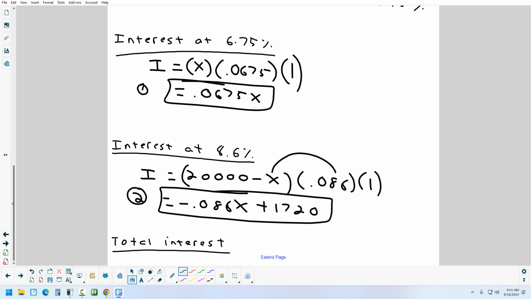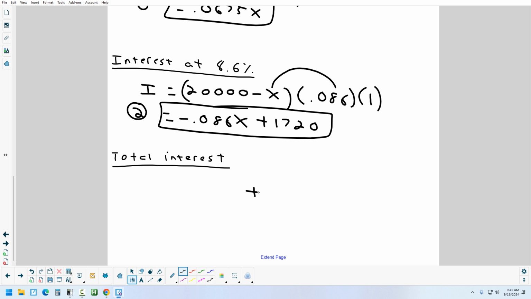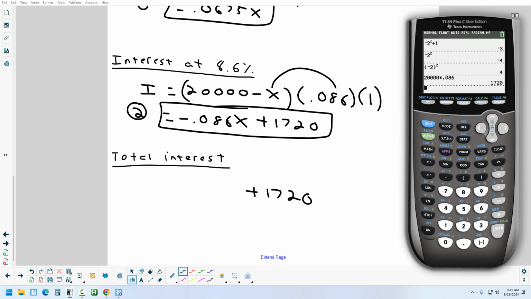Well, there's nothing to combine with the 1720. But I need negative 0.086 plus 0.0675. And there's a formula for the total interest added together. Negative 0.0185x.